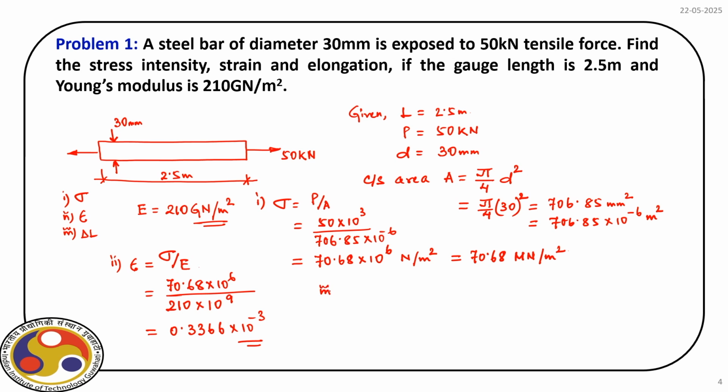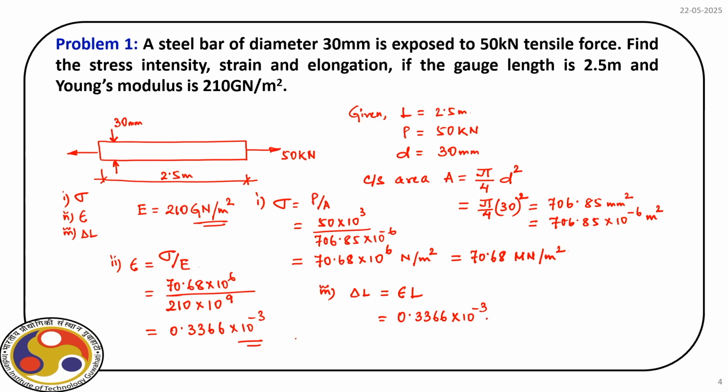Third question is the elongation, delta L. Delta L is nothing but the strain times the gauge length, right. So, we have strain as 0.3366 into 10 to the power minus 3 times the gauge length.